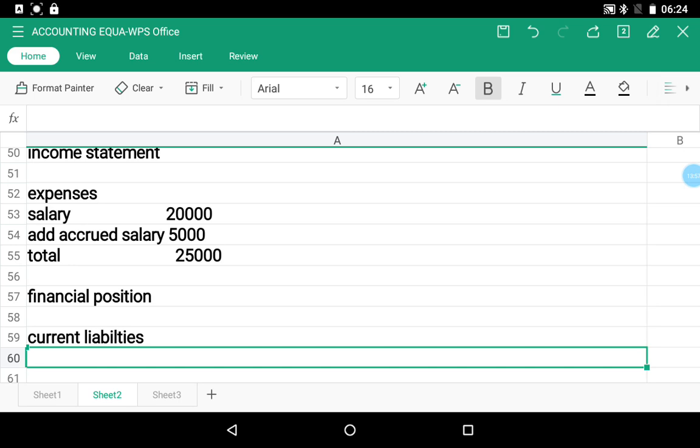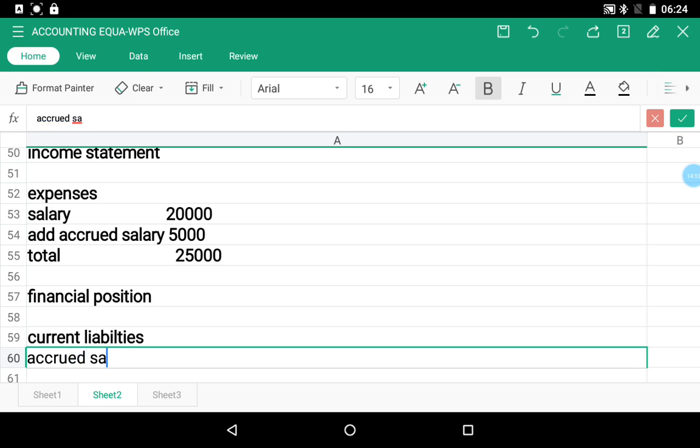So here we are going to come and say accrued or owing rent or outstanding rent. We're going to say accrued salary. It depends. When they give you owing rent, you'll be using rent.